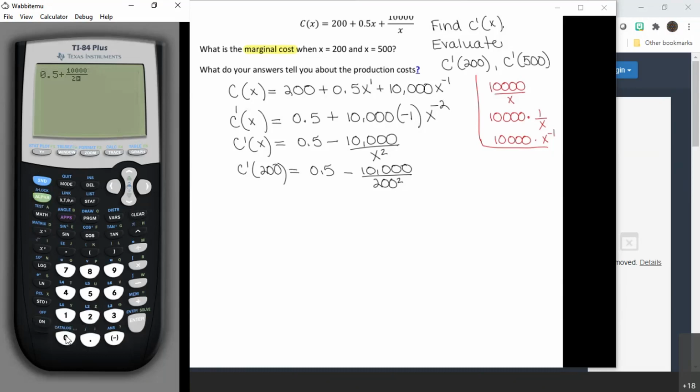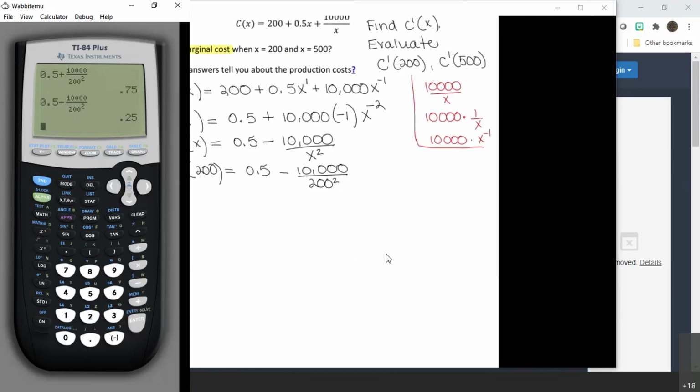And then this is 200 squared. It looks just like what I have on my paper. And again, this is a minus, not a plus. Let me go back and change that to a minus.